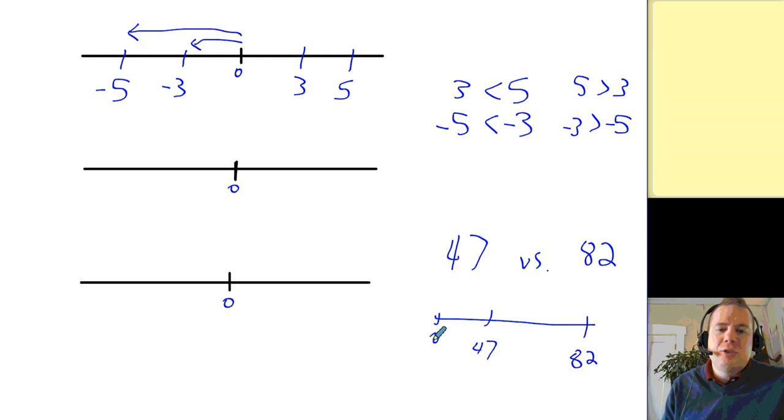I can put 0 on here just to emphasize that they're both positive numbers. I'm not really using it as a scale. I'm not marking 1, 2, 3, 4, 5, 6, 7, 8, all the way up to 82. I'm just visually representing, okay, 82 is the bigger number compared to 47.